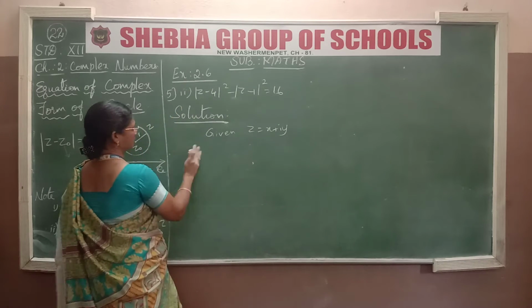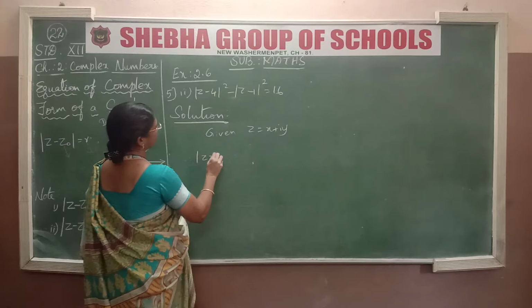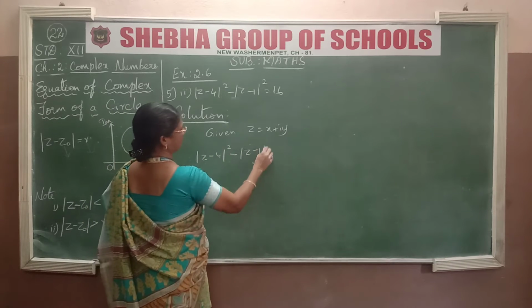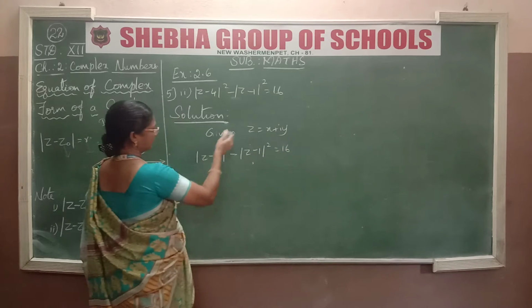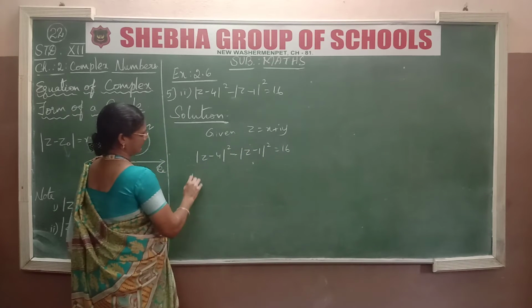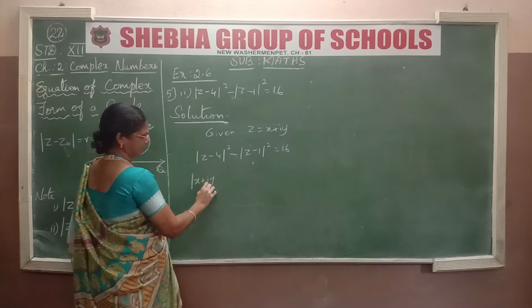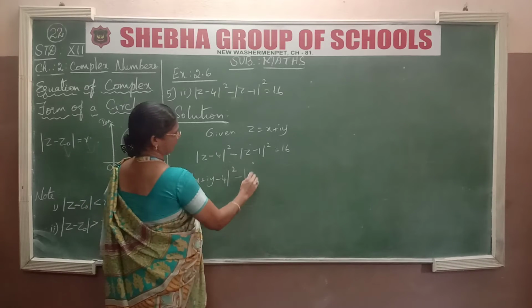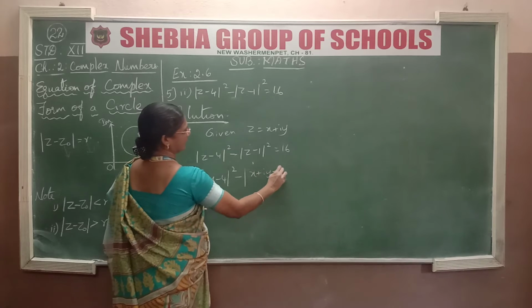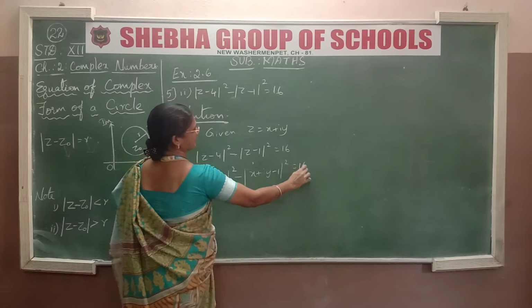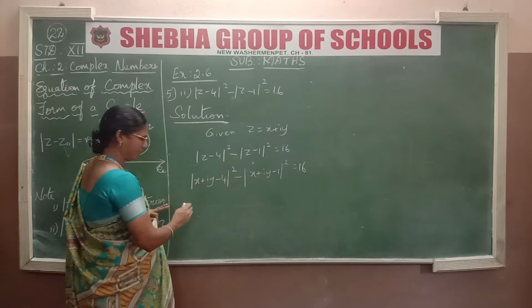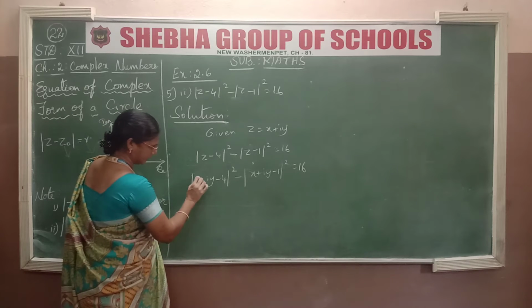We get, therefore, mod z minus 4 the whole square minus mod z minus 1 the whole square equal to 16. Substituting here we get modulus of x plus iy minus 4 whole square minus modulus of x plus iy minus 1 the whole square equal to 16. Now collect the real part and imaginary part separately.